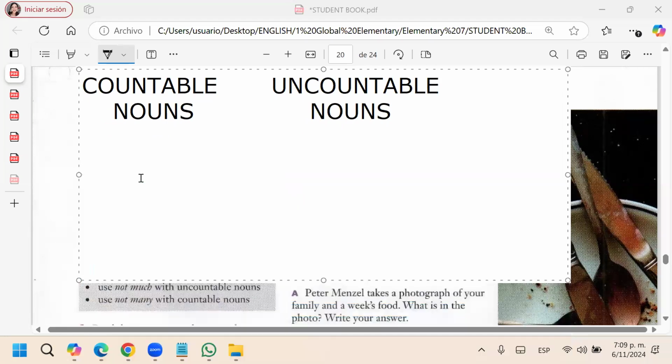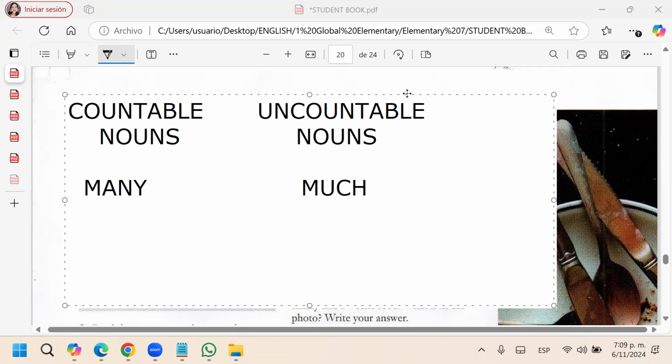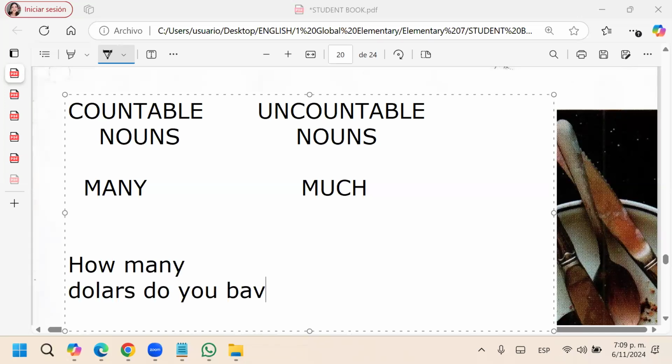So today we're going to study this. Why? Well, because for countable nouns we're going to use many, and for uncountable nouns we're going to use much. Countable, many. Uncountable, much. That's why we say, how many dollars do you have?